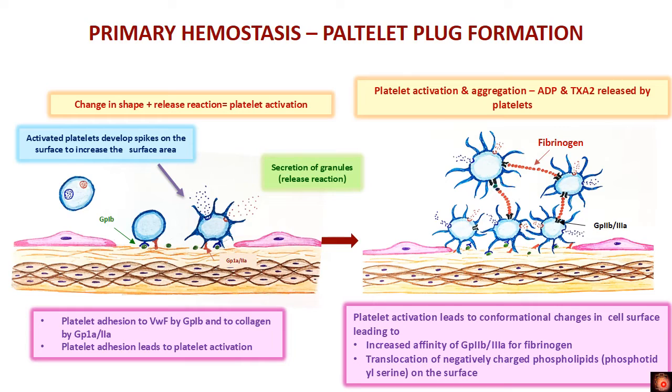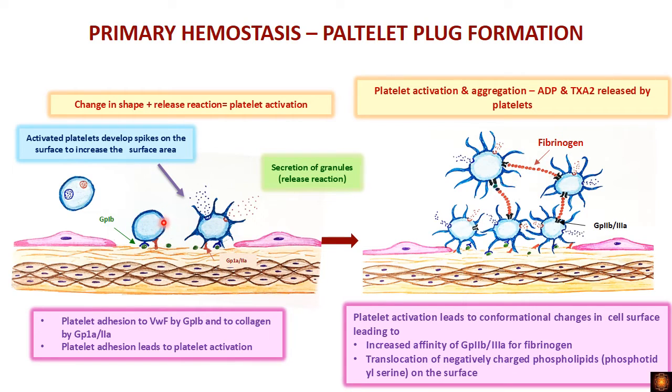Now once there is damage to the blood vessel and a loss of the endothelium, as I told you, there is the exposure of von Willebrand's factor and also the collagen present in the subendothelial tissue. The platelets adhere to these.